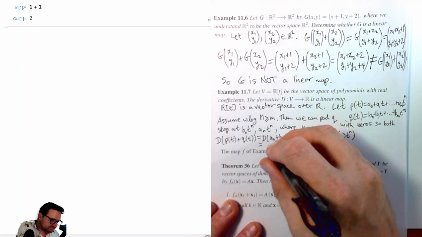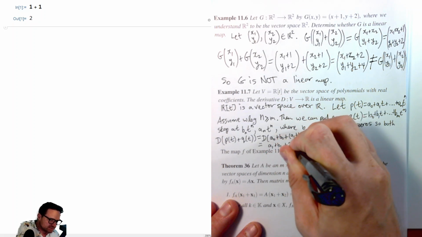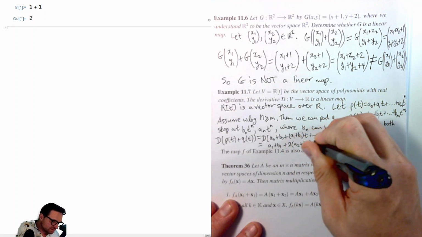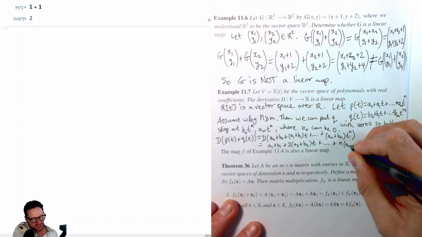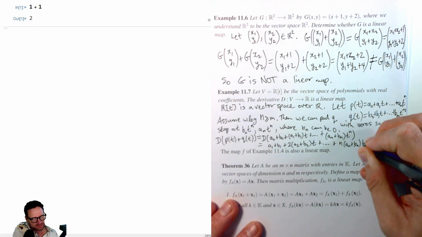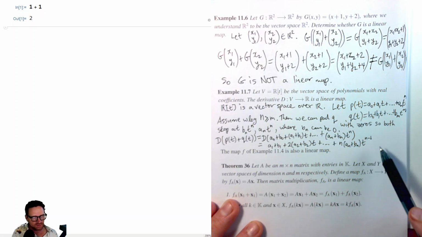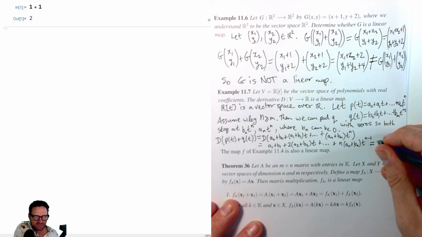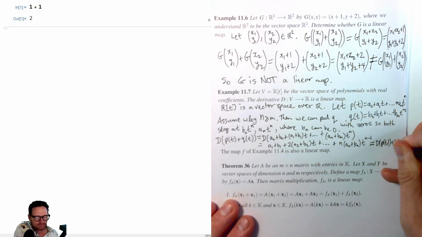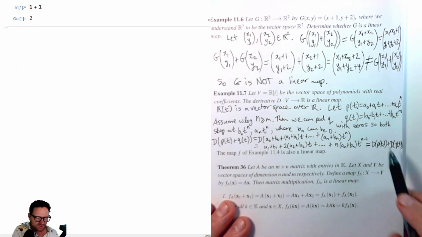And so we get a1 plus b1, plus 2 times a2 plus b2 times t, and so on, up to n times an plus bn t to the n minus 1. Then you've got to show that it's the same as if you had differentiated those separately and then added them together. And that's easy to show.